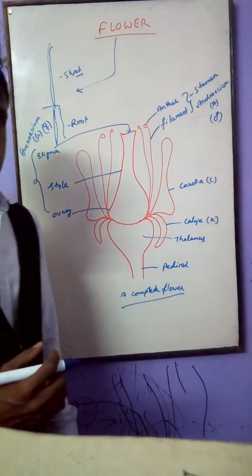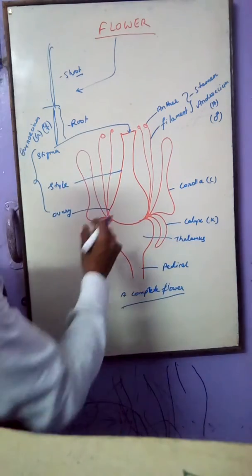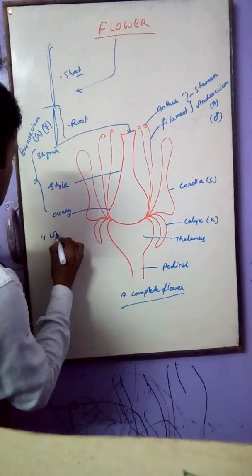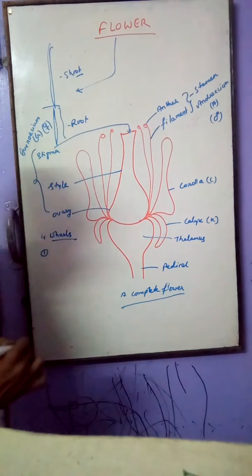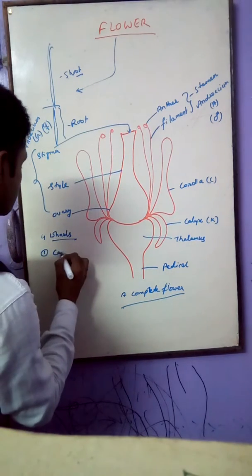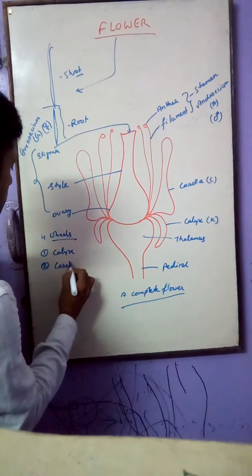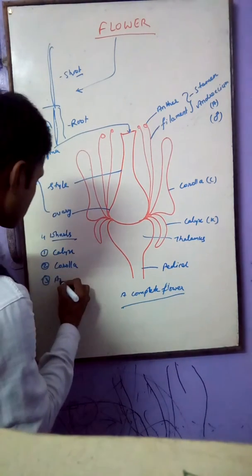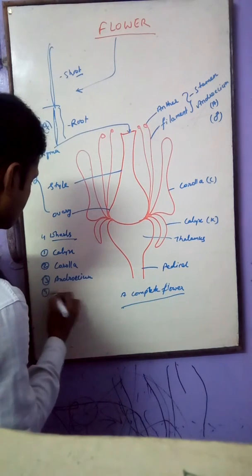If I talk about only the whorls of the flower, the flower basically consists of four whorls. One, the calyx. Two, the corolla. Three, the androecium. Four, the gynoecium.